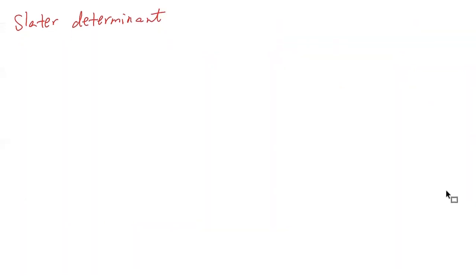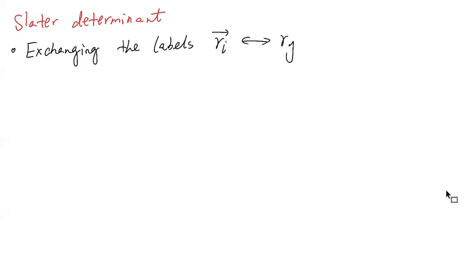Now, let's see, what if we exchange the label? Because now we have n electrons, let's consider changing the label between electron I and electron J. So your total wave function, the total n-body linear combination of the Hartree product, is psi of Ri, Rj, right?